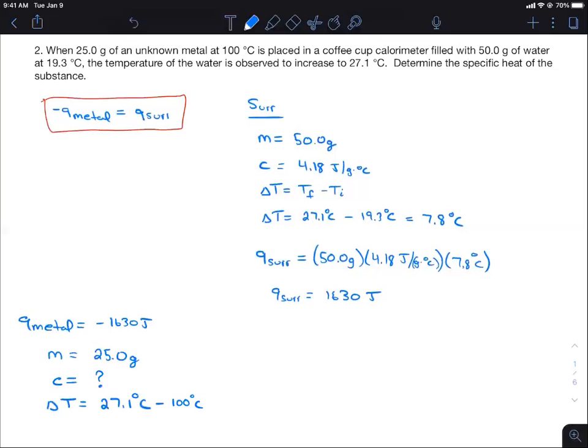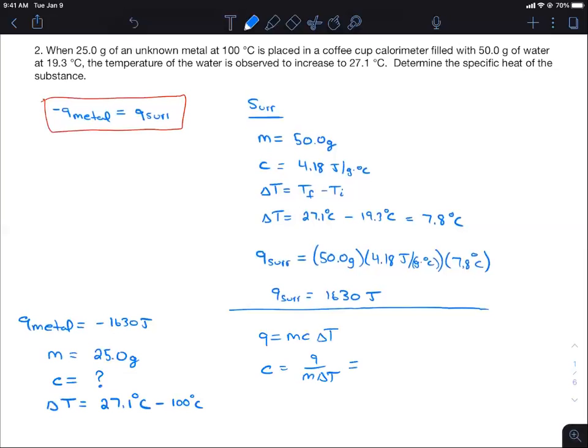Now we can plug this in, solving for that heat capacity. We can rearrange our equation. Our equation is Q equals mc delta T of the metal. We're solving for C, so C is equal to Q over m delta T, which now we can plug in.